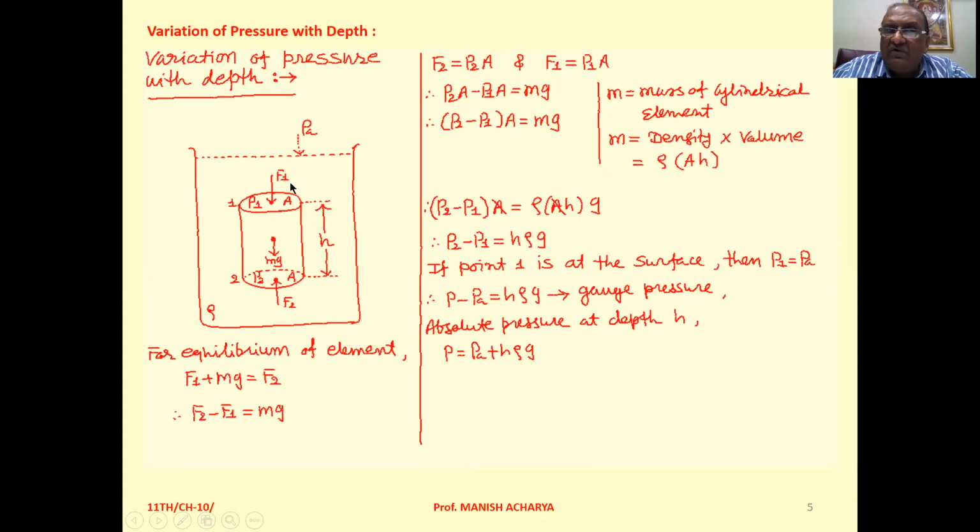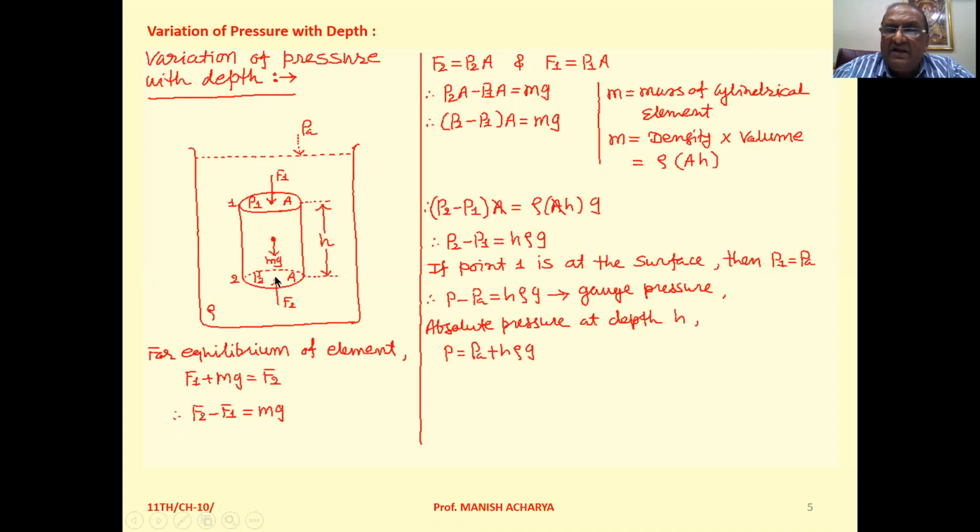Now here the downward force is not only F1, there is another force. Which one? Now see, at the upper surface the force is F1, and another force is the weight of this element.